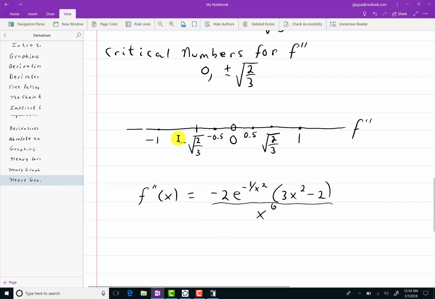So let's try the -1. If I throw -1 in, I'll get 3 minus 2, which is positive, but then the -2 will make this negative. So it's going down. Sorry, not down. That is like this, concave down. I'll put C, D.